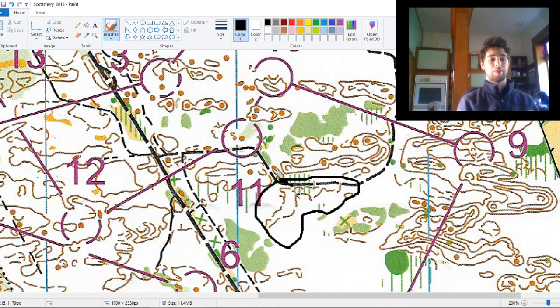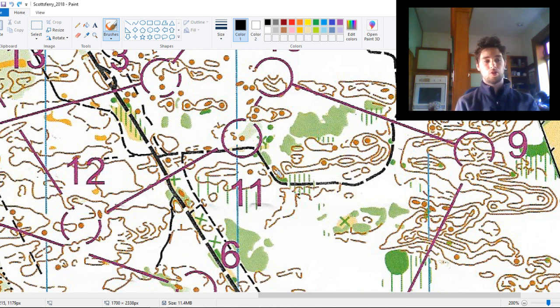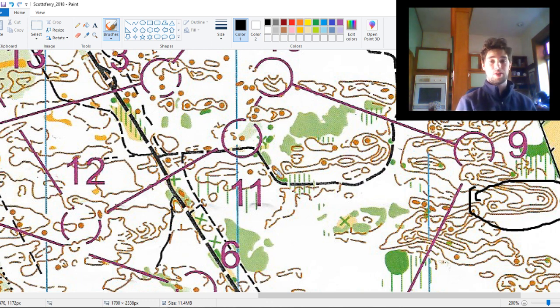So looking at some examples on the map of sort of contour features and how you see them. You'll see a lot of brown lines here, just below 9, that means it's a very big hill. And because the lines are close together, it means it's a steep hill as well. Whereas if we have a look over here, you've got like one blob, two blobs, and then a third blob which has a second one here.